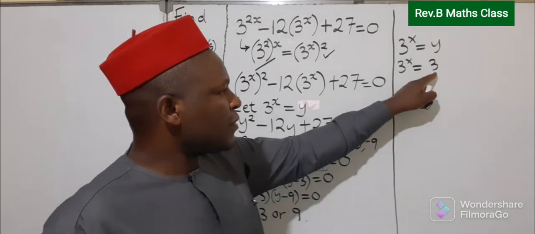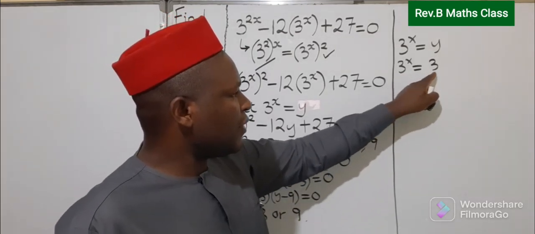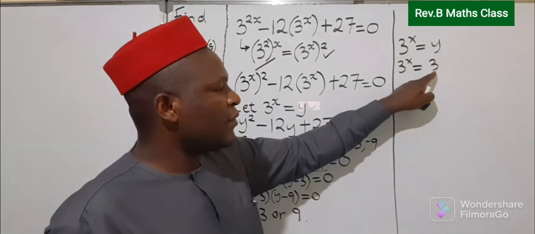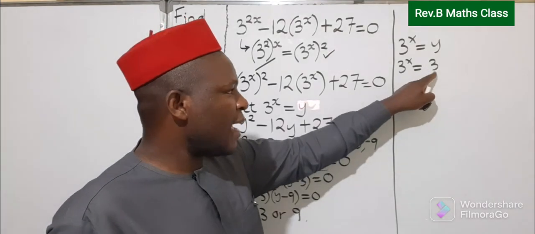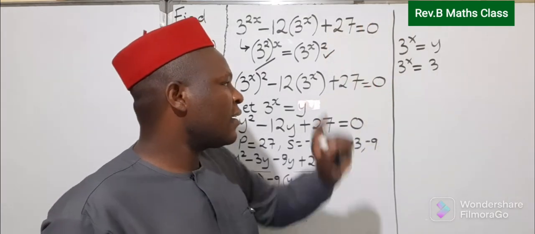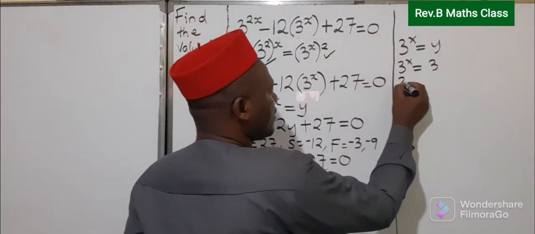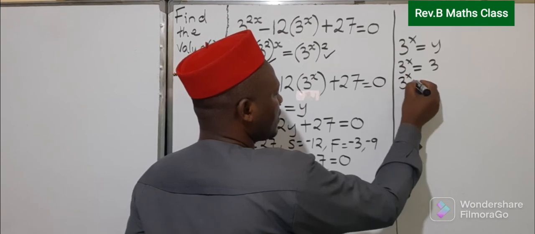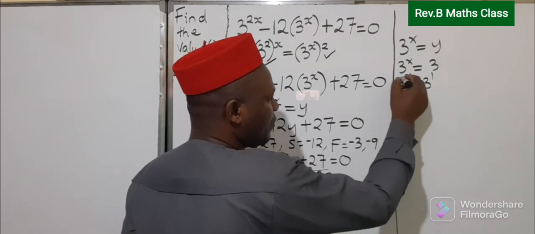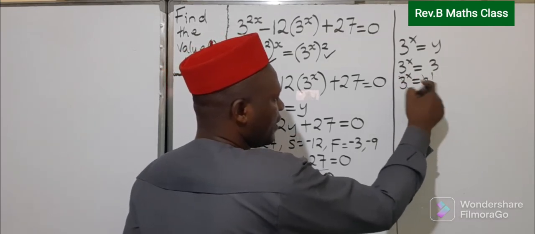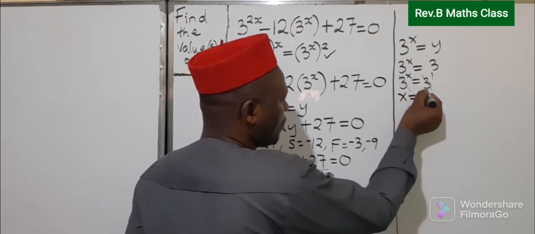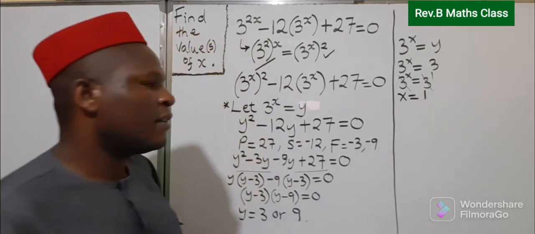Now, here we are supposed to standardize. If this number was not a 3, we are going to standardize this so that it is 3 raised to power something. So in this case, it is 3 power x equals to 3 power 1. When the bases are the same, you just compare the indices, the powers.